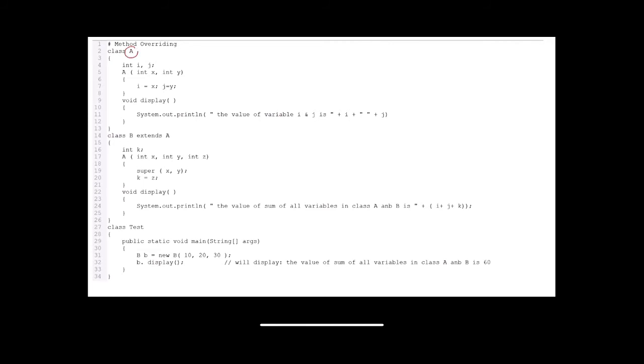Over here you can see there is a class A that has a method display, and also a class B that is inheriting class A. This class B also has a method display. Now, in my main method I'm creating an object of class B and using this object, I'm calling the function b.display.